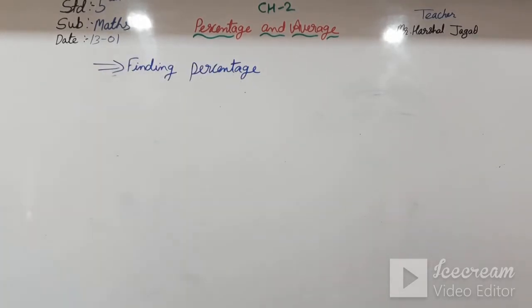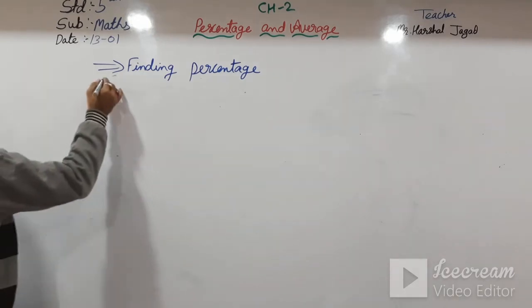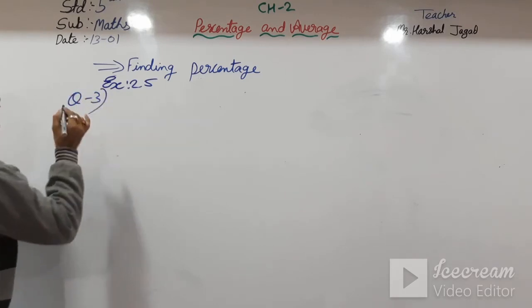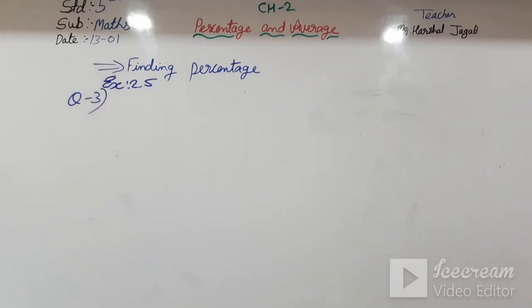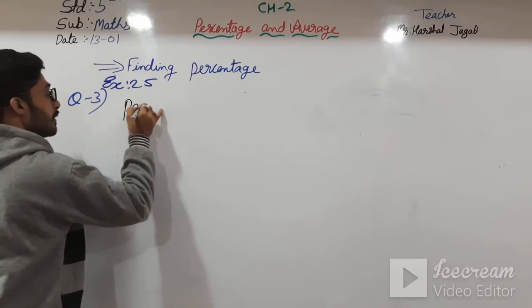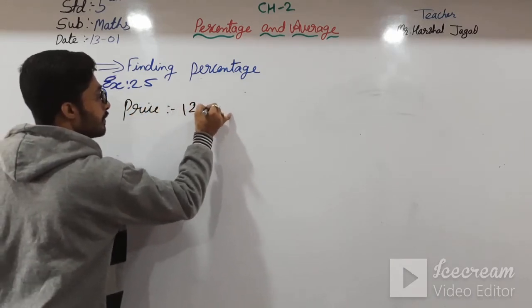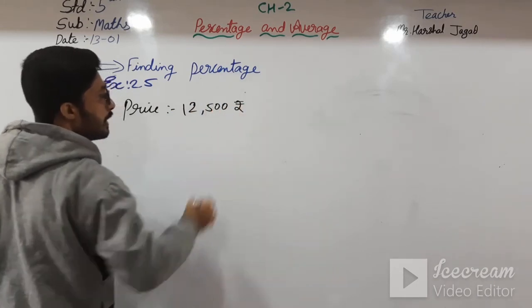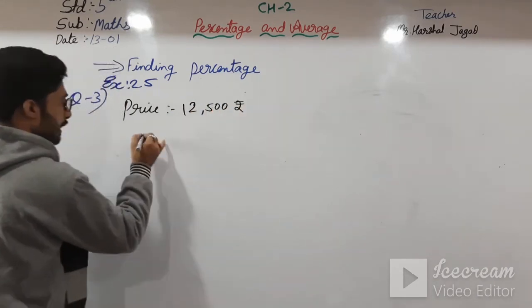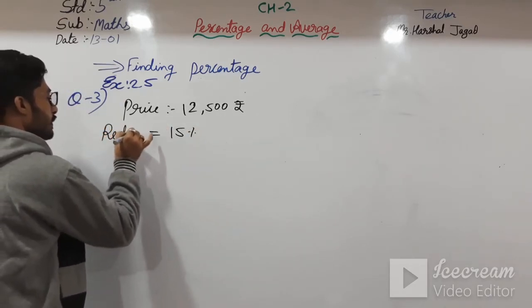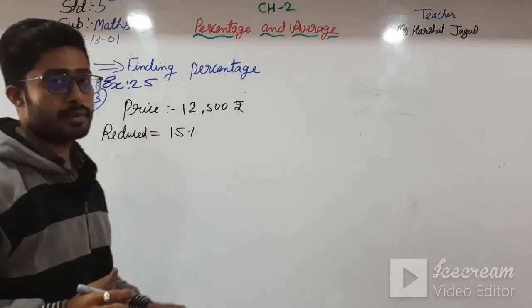So here, question number 3. The price of the television is 12,500 rupees, and from that there is a discount, that is 15% reduced.